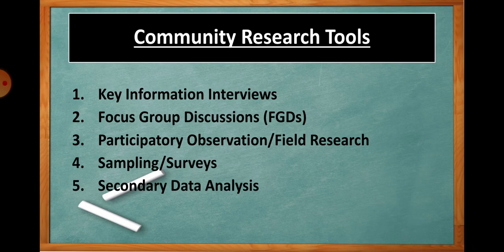This is the use of documents to gather data such as related studies, policy notes, news, journals, and books in articulating and supporting the ideas within a topic being studied. So those are the five community research tools.